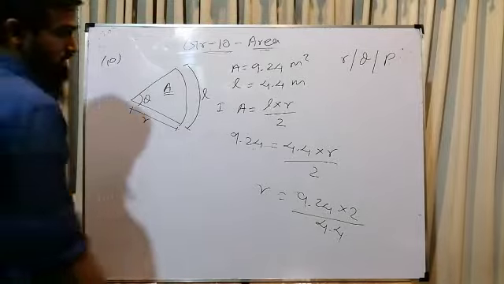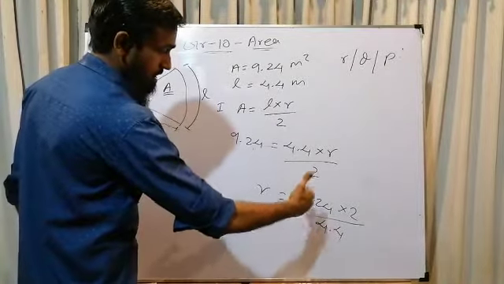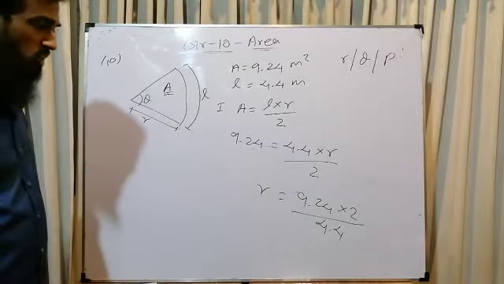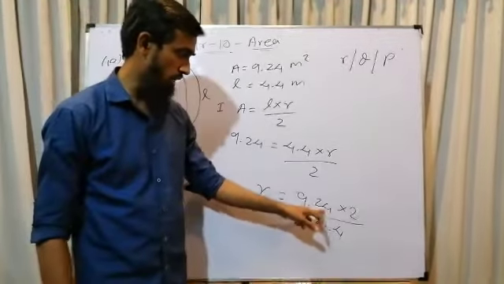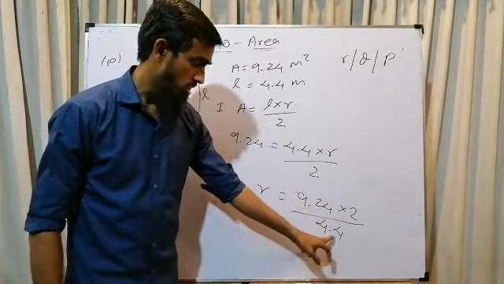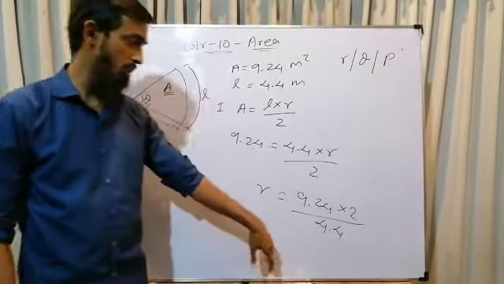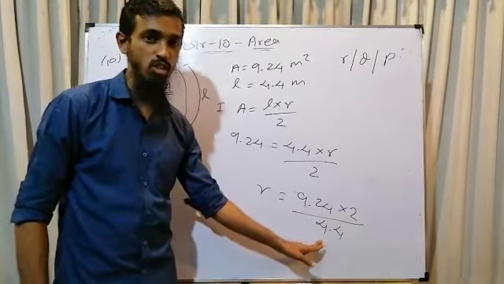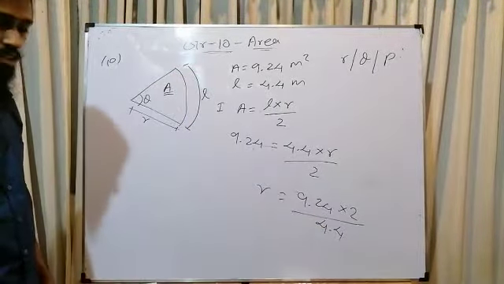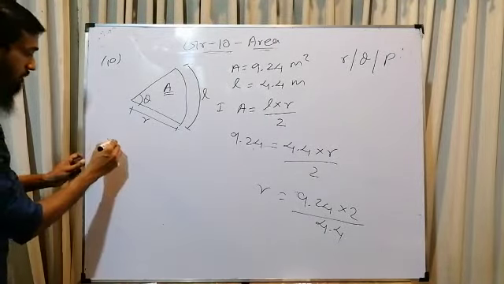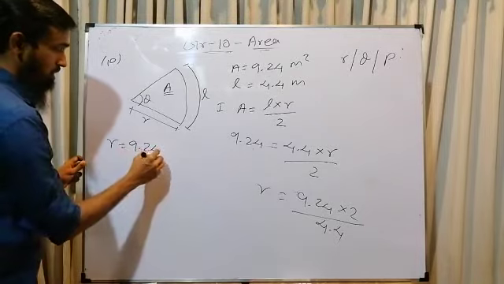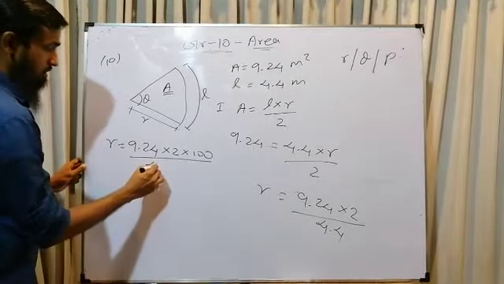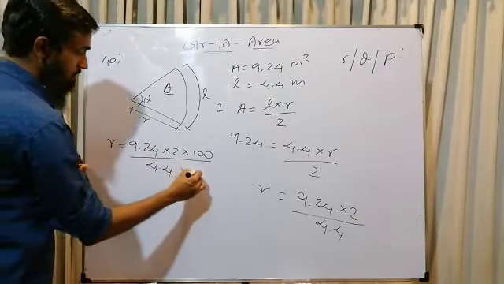So first we can make the decimal values into whole numbers, so we can get more idea. We have 2 decimal places here, 1 decimal place here. So we can't multiply by 2 different values, 100 for the numerator and 10 for the denominator. So we multiply both by 100. So R equal 9.24 into 2 into 100 over 4.4 into 100.